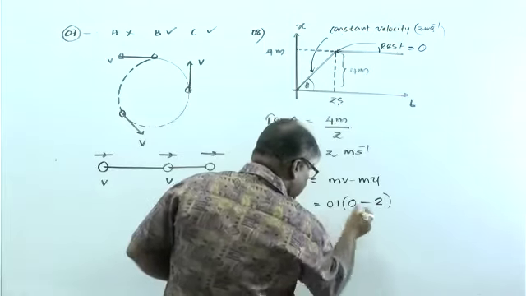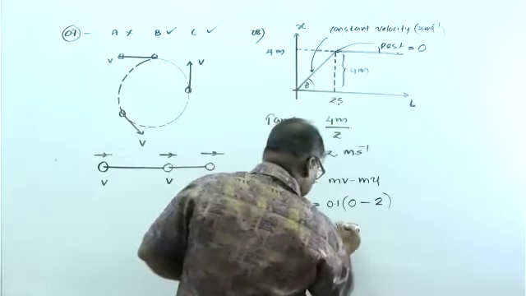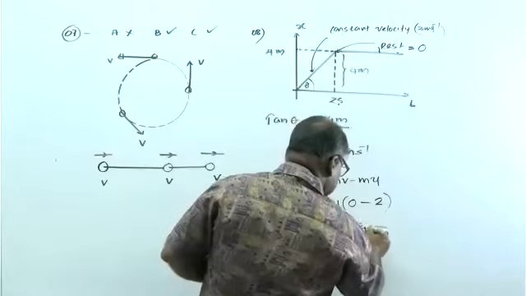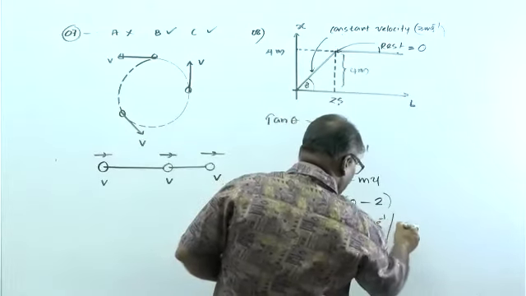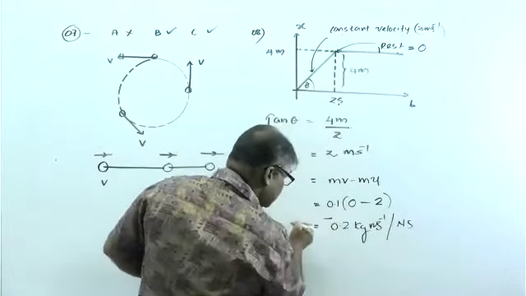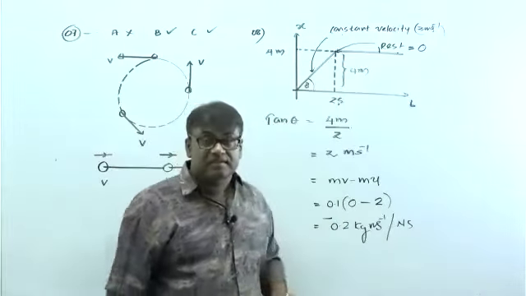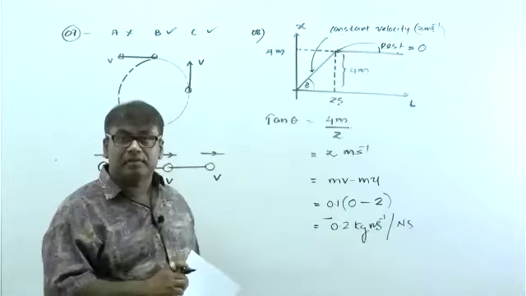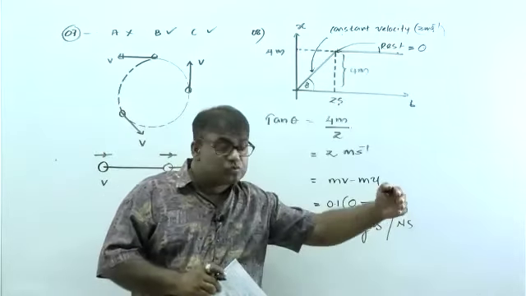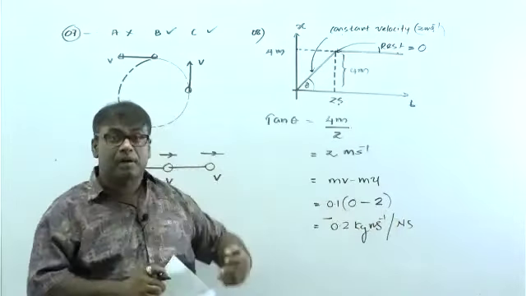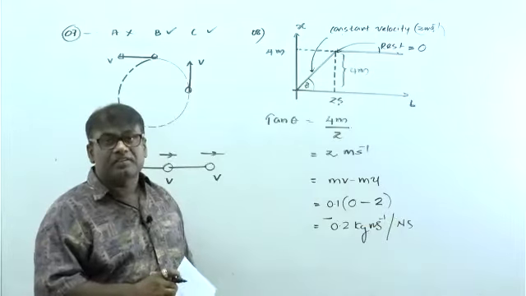So it's 0.1 into 2, 0.2 kg m s^-1 or Newton second, but it has a minus sign, opposite to the moving direction. As the velocity comes to 0, the impulse is a backward impulse.